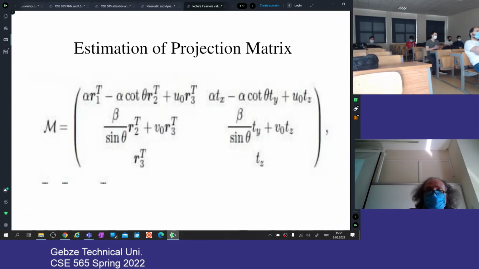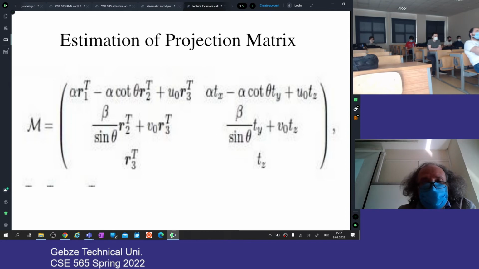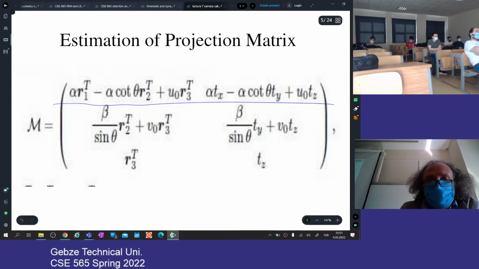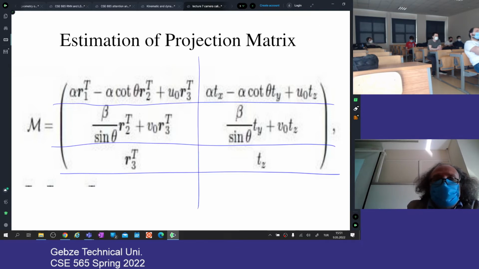You remember this? It looks very complicated, but it is not complicated. Again, let's remember how many parameters we have in there. This has 3 rows, row number 1, row number 2, and row number 3. And how many columns? 4 columns. This is the last column, and inside this matrix there is a 3 by 3.